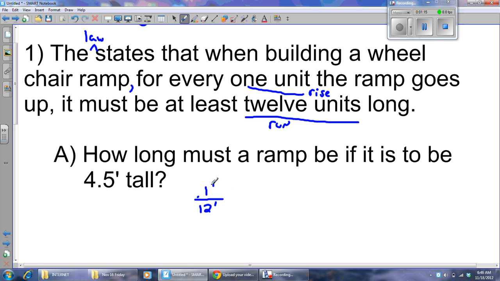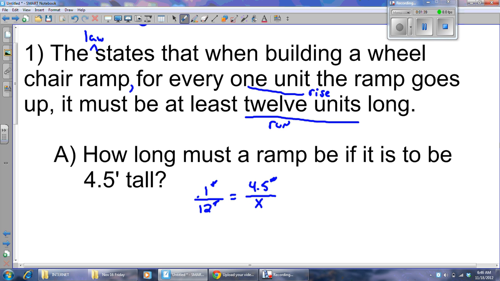That little mark there is not an exponent, it's a foot indicator, right? And you can set it up like a proportion. You need to know how long it's going to be if it's got to be 4.5 feet tall. I know a lot of different ways you can do this.